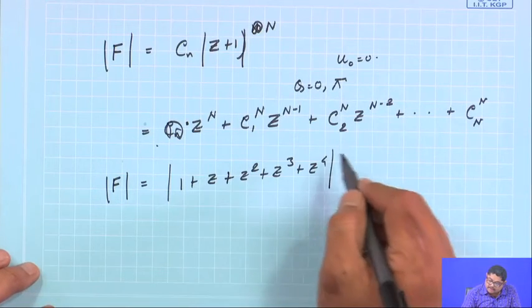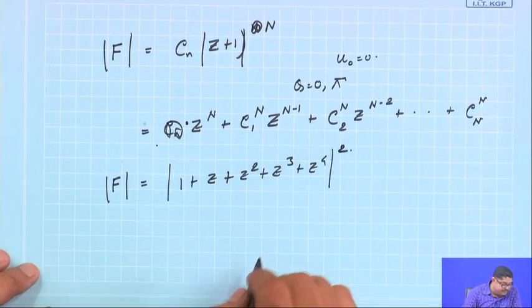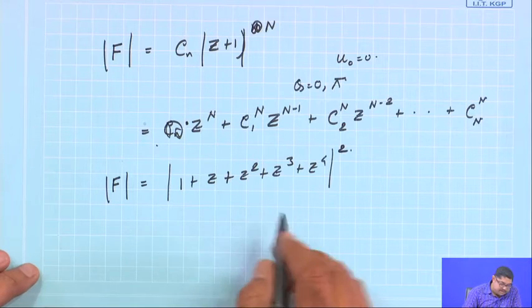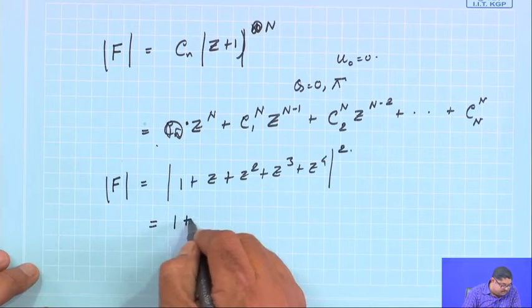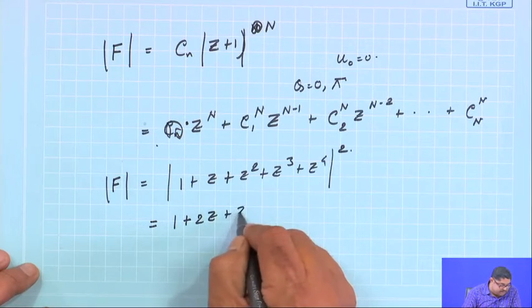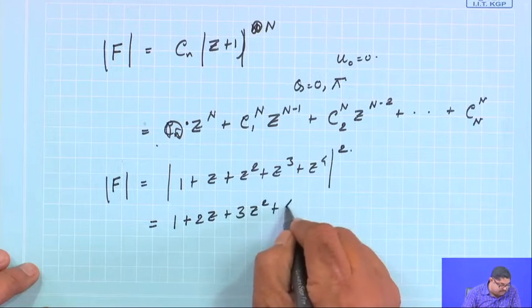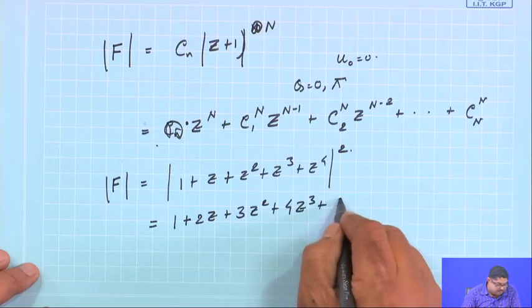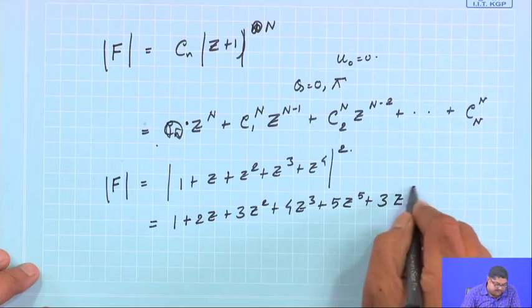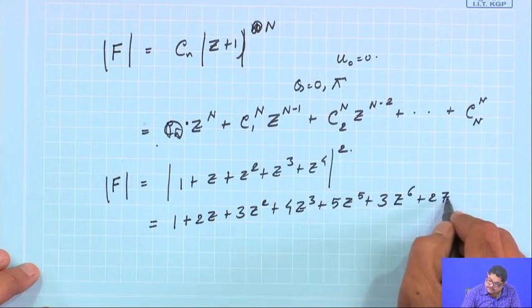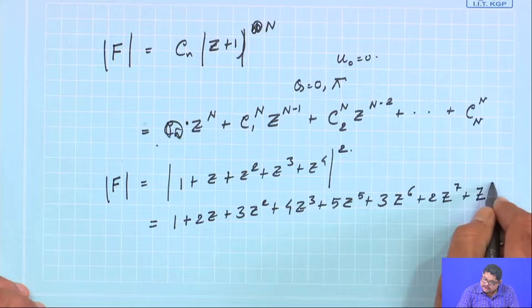So, I can square this, and that will become 1 plus 2z plus 3z square plus 4z cube plus 5z fourth plus 4z fifth plus 3z^6 plus 2z^7 plus z^8.